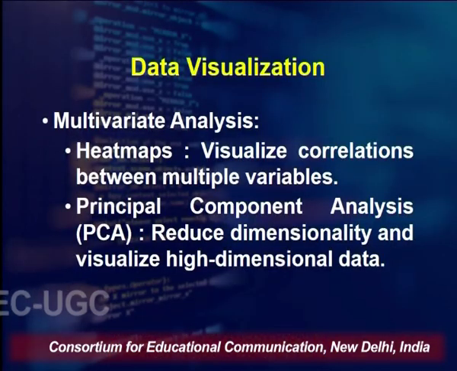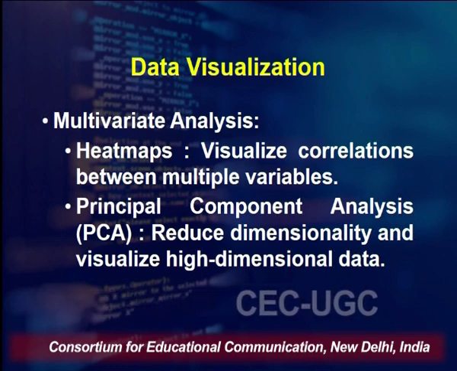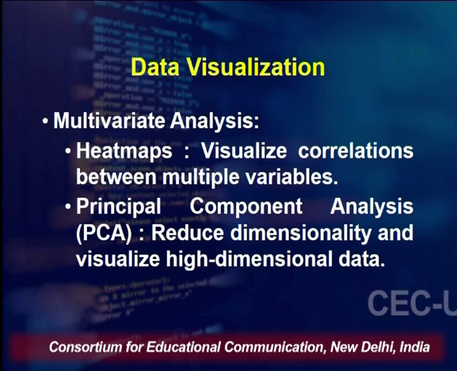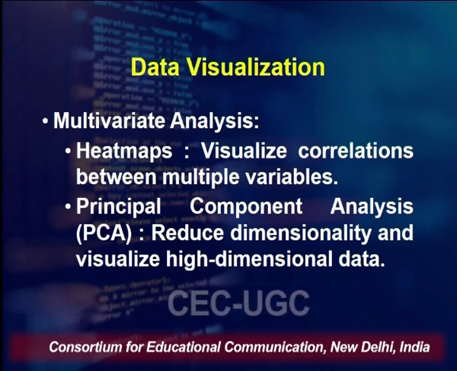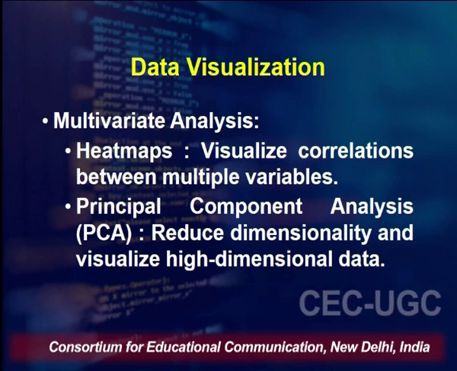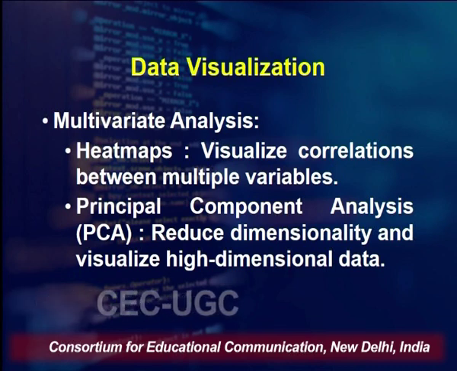And then finally, we have the multivariate analysis, which can be plotted using heat maps. Here you are visualizing the correlation between multiple variables together. Then we have the principal component analysis, or PCA, which reduces the dimensionality and visualizes high dimensional data.